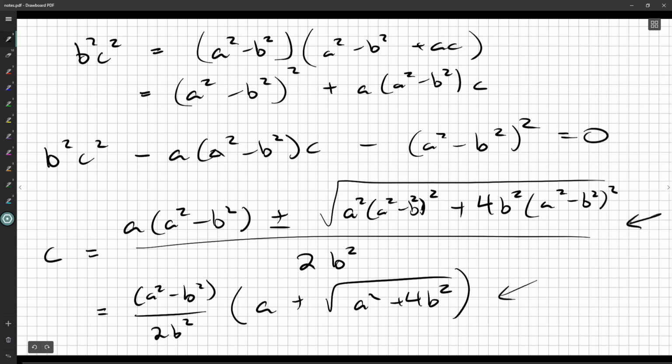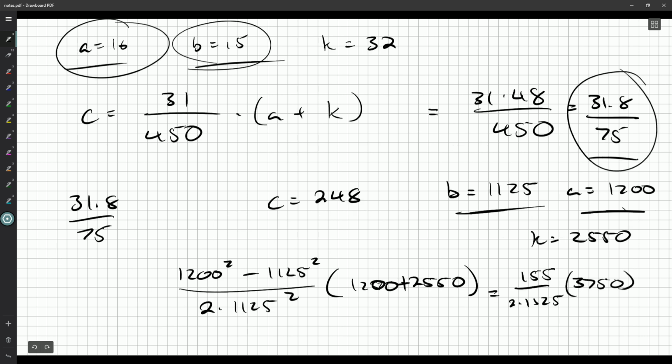So is this expression not correct for C? But it looks like I did the quadratic formula right. There it is.